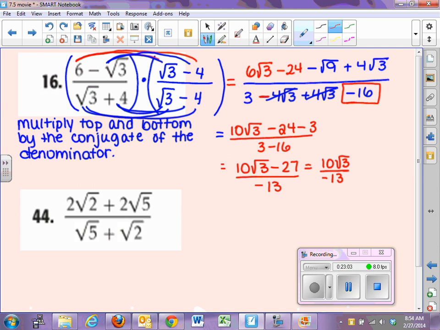So it is simplified. And then we have minus 27 over minus 13. So that's really plus. So we have negative 10 radical 3 over 13 plus 27 thirteenths, which doesn't reduce. This is easier to see that they need to reduce each one in order to simplify.